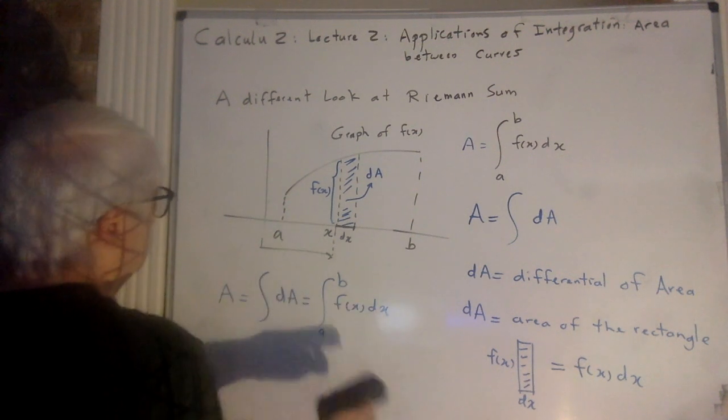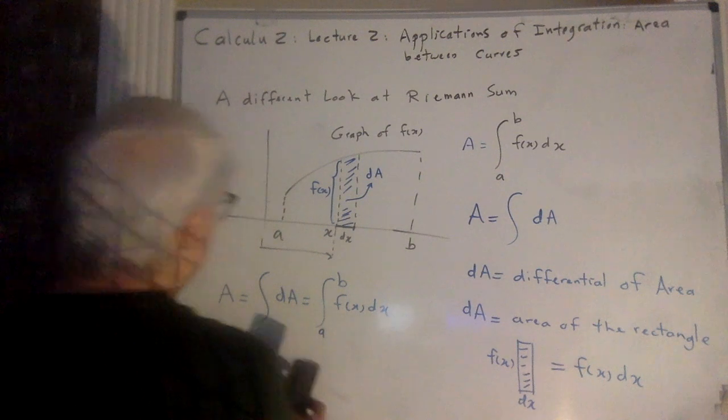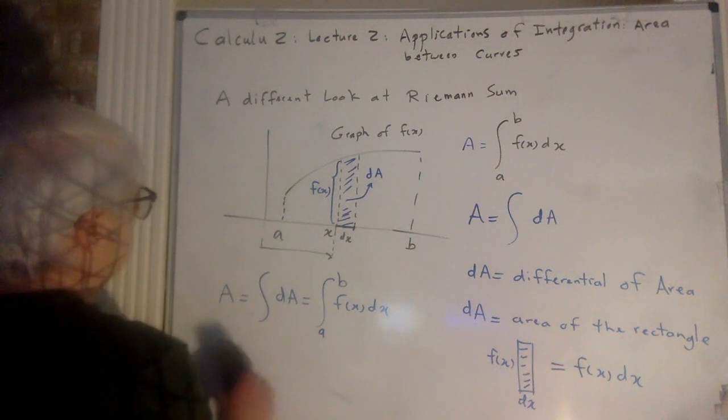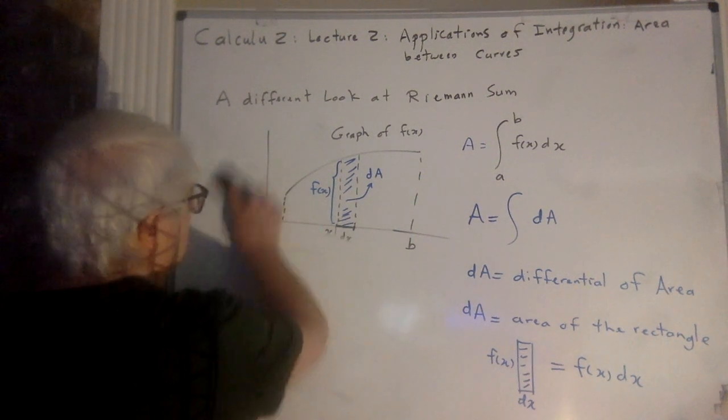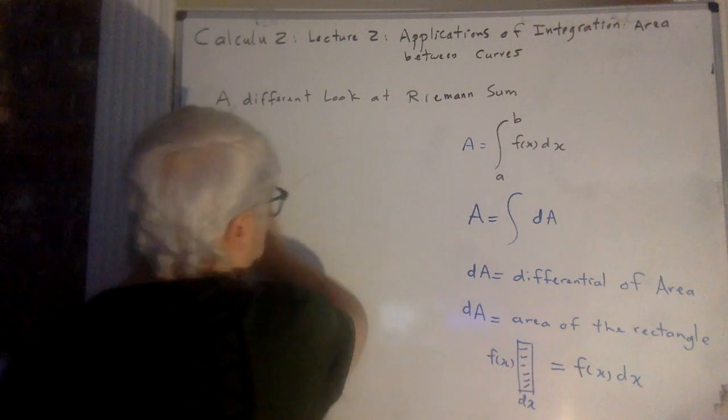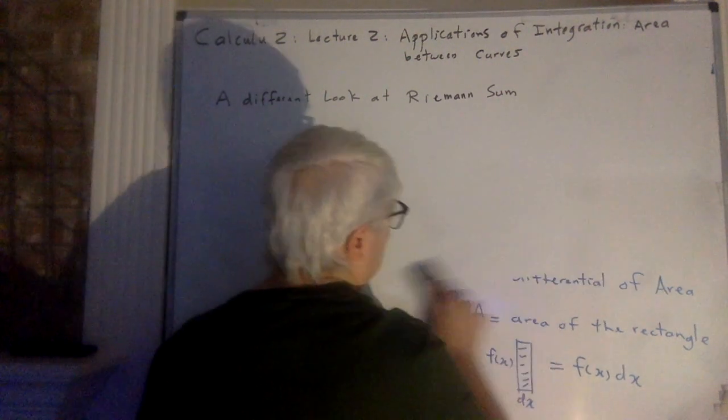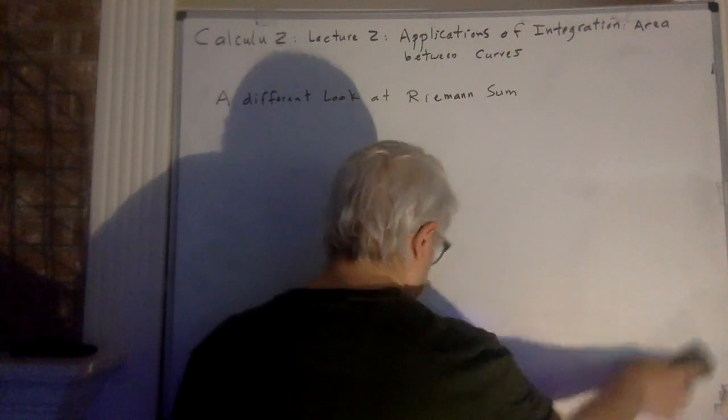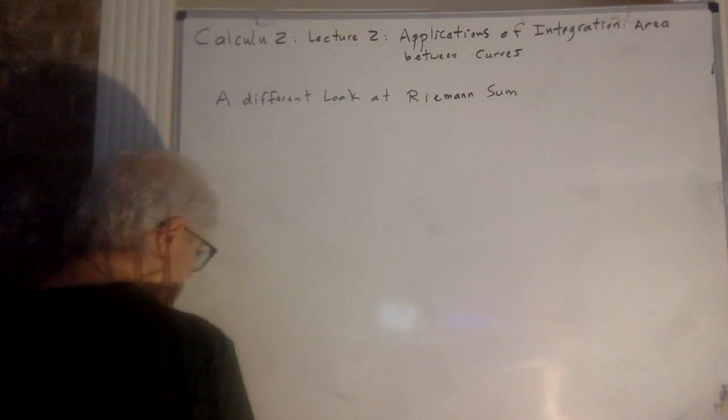Now this section is very simple. It's saying, okay, now what if I have two curves? So let me draw the picture for you, and it's easy to see why the formula is like this.